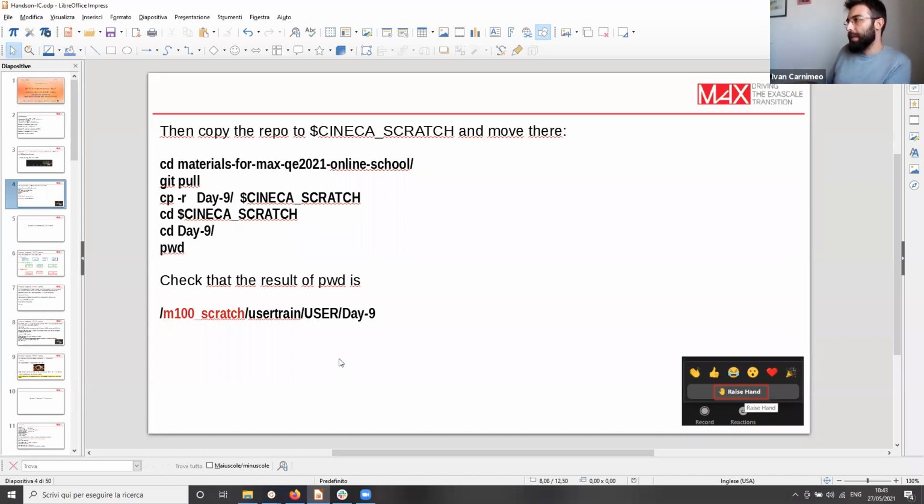I suggest you follow the hands-on by looking at the README files, because they are the most updated version of the hands-on available at the moment. Please lower your hand. If you have questions, just ask on Slack or here in the chat.